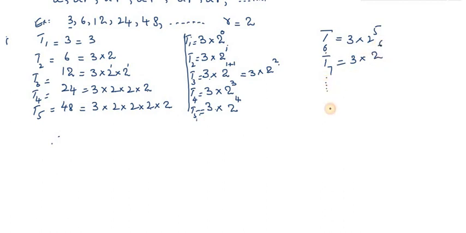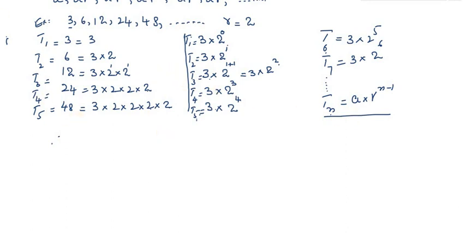So on, the nth term will be, where 3 is the first term A and the common ratio is R, A times R to the power n minus 1. This is the general term or nth term of a geometric sequence or progression.